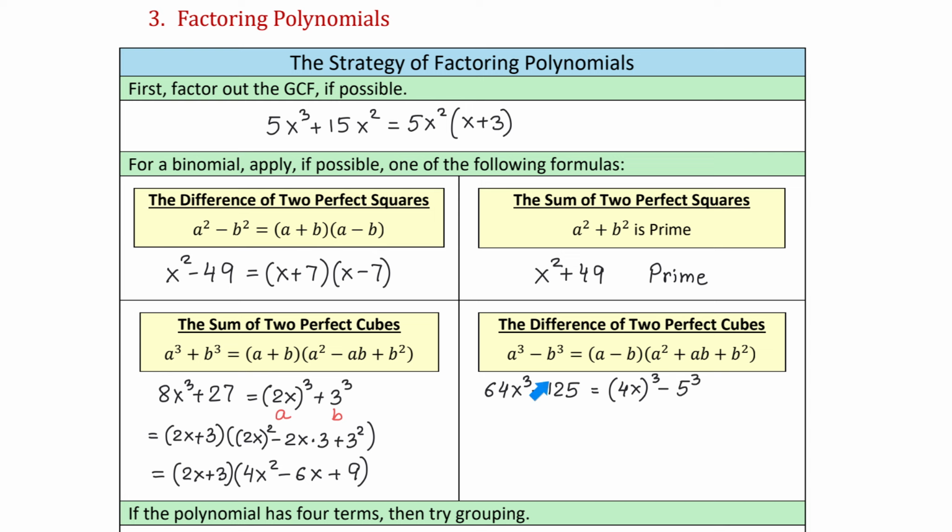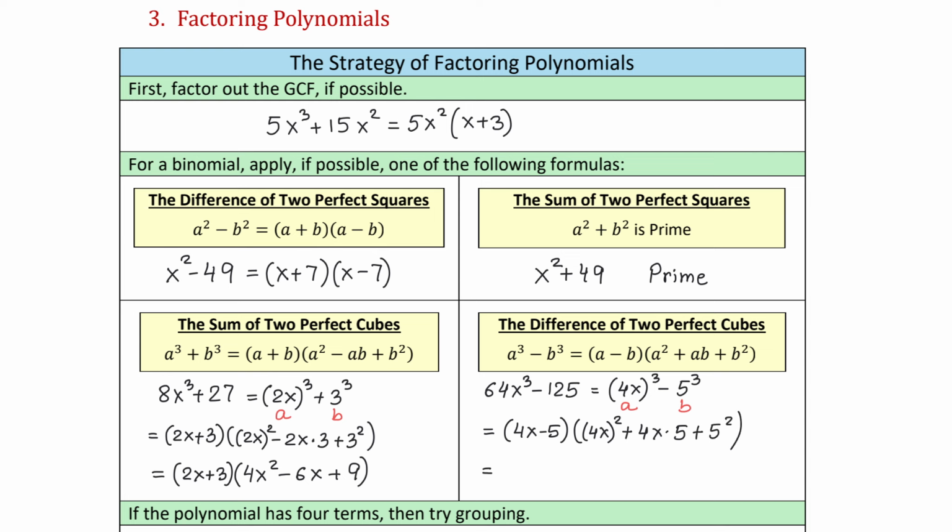Then if a is 4x and b is 5, then we can factor it as 4x minus 5 times 4x squared plus 4x times 5 plus 5 squared.